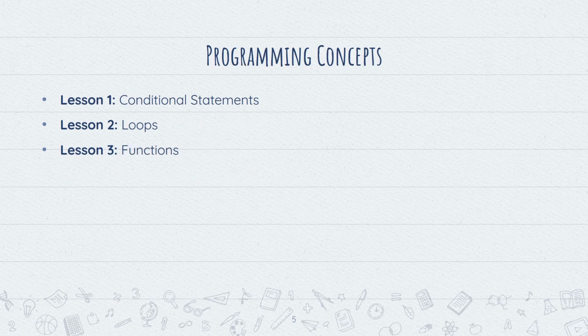Our next module is programming concepts. Now, there are several programming concepts in Python, and we'll be using the 3 ones that we are discussing here most frequently. The lesson 1, we'll discuss all about conditional statements. If else, if, and all the variations of if that you can possibly find in Python. Now, lesson 2 is all about loops. You know, Python only has 2 main loops, that is while and for.